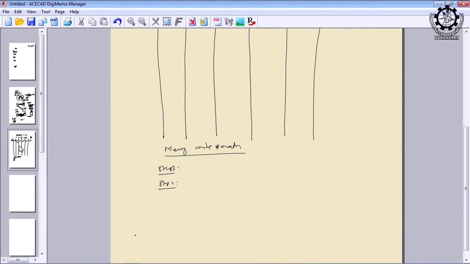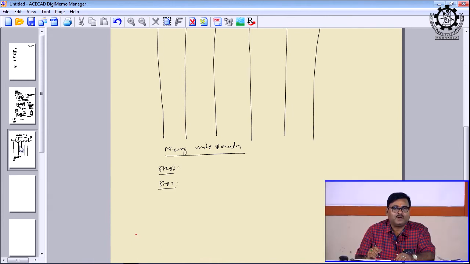Then what would be step 2? This time the memory read control signal will not be issued, rather the memory write control signal will be issued, so that the write operation is initiated, and the memory location will be ready for receiving the data from the microprocessor. That is step 2.